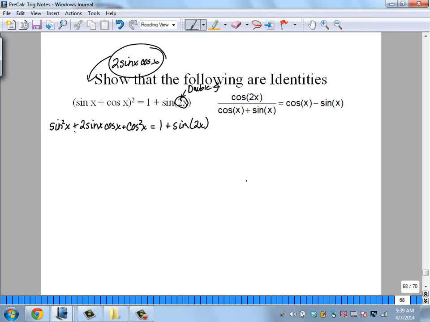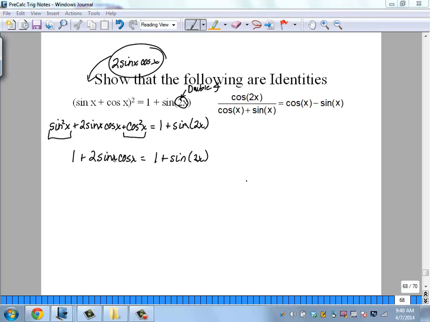So I have sine squared x plus 2 sine x cosine x plus cosine squared x equals this side. Now I look at it, I say, oh, sine squared of x plus cosine squared of x equals 1. So this side is 1 plus 2 sine x cosine x equals 1 plus sine 2x.